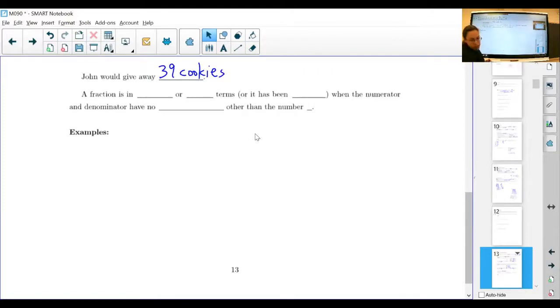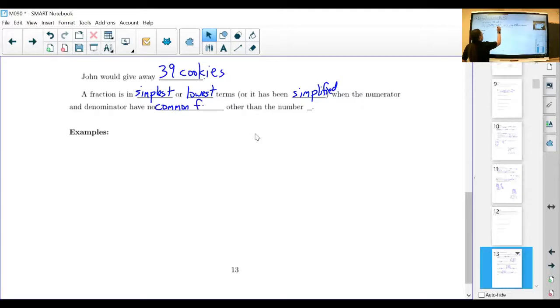And a fraction is in, we can call that a couple of different things, but we're going to call that simplest terms or lowest terms, or say that it has been simplified, when the numerator and denominator have no common factors.